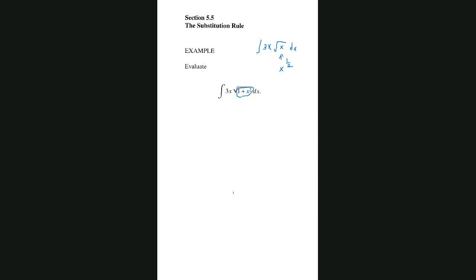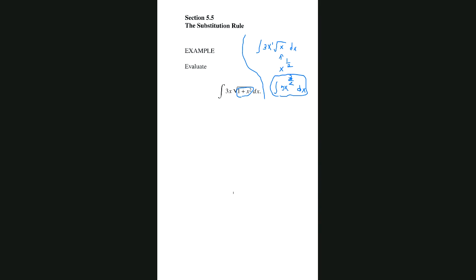Then I'd have the integral of 3 times x, and x to the first times x to the 1/2 is 3 times x to the 3/2 power, because you add the exponents. dx. And this integral here, I can do, no problem.